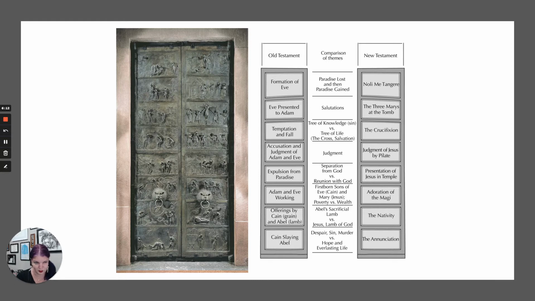Noli me tangere means do not touch me, because he has not yet risen up into heaven to be at the side of his Father. Anyway, so from his conception all the way to his resurrection.